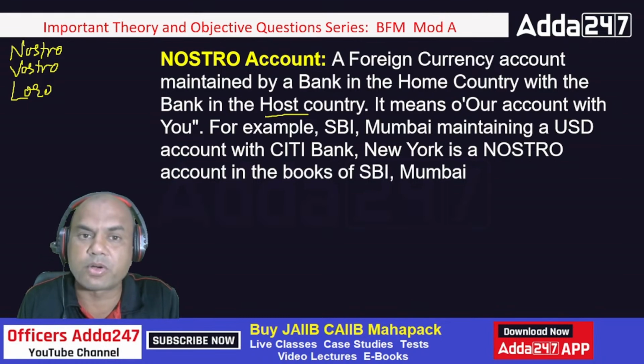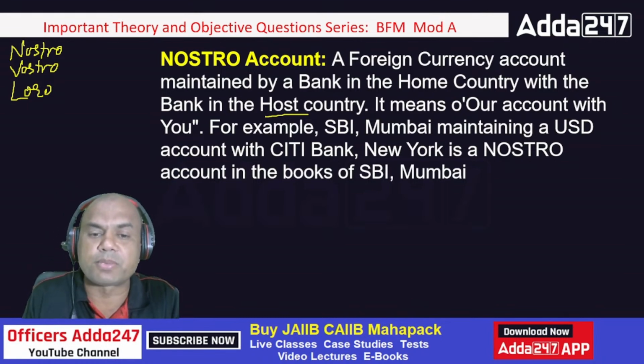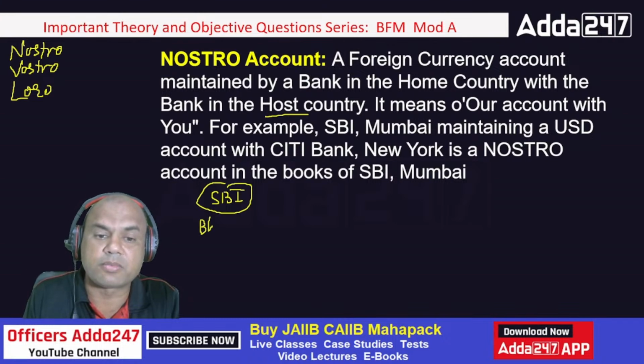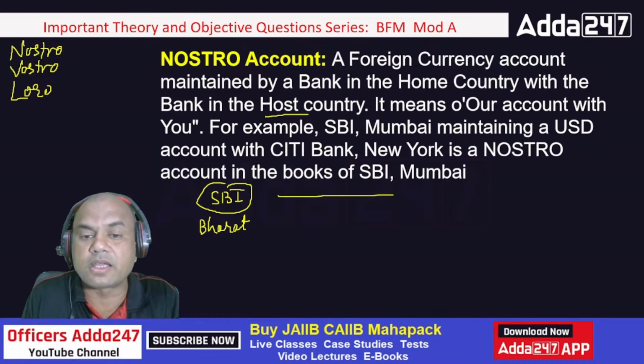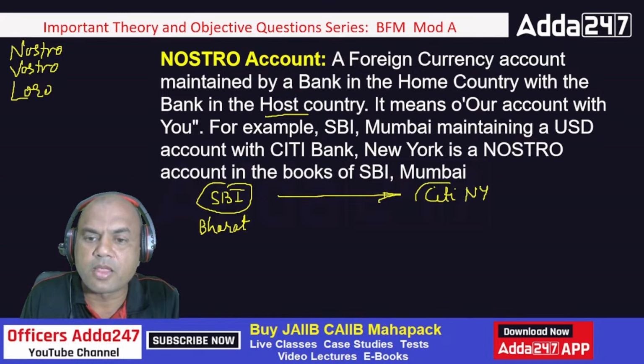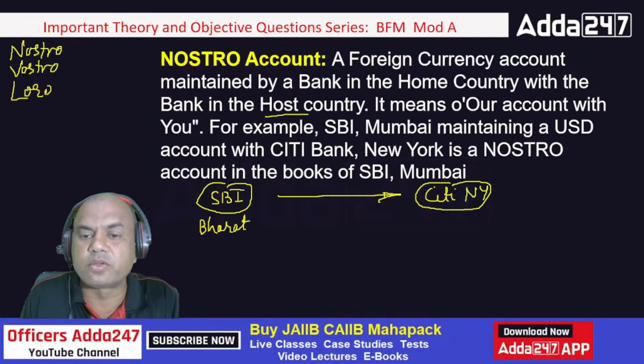Now an important point over here, I'll give you a pictorial description. SBI is over here, that's in India. India, we'll call it Bharat. SBI is in Bharat. Then it is maintaining an account with Citibank New York, Citibank USA, let's call it NY. That is in USA.